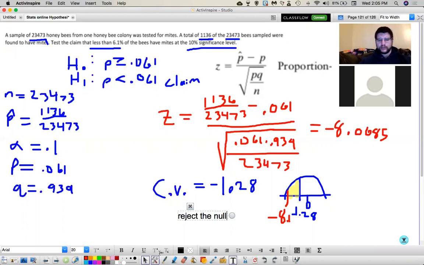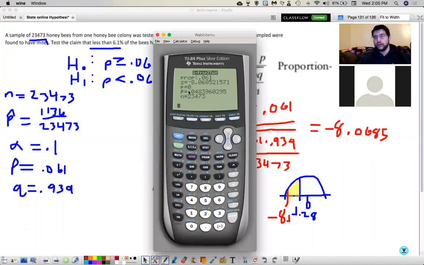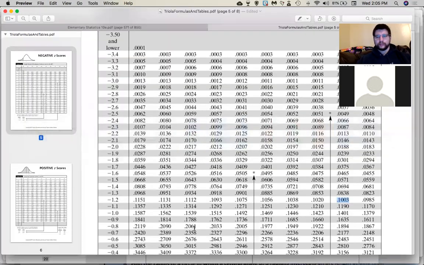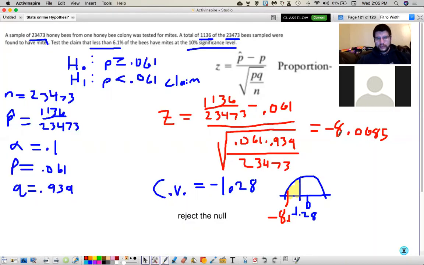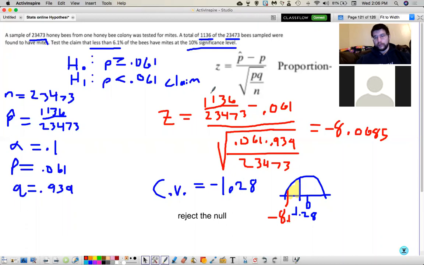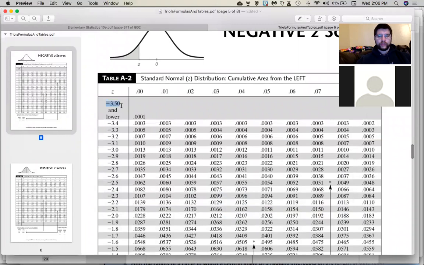So p-values, if you saw it on the TI already, it's 0. So it's really, really small. It's rounded to 0. If we use the chart, it's the area to the left of -8, 0.07 if you really care, but anything lower than -3.50, we use 0.0001.